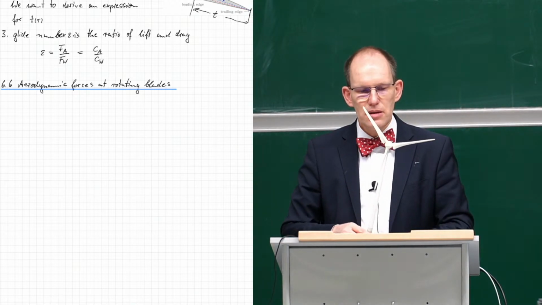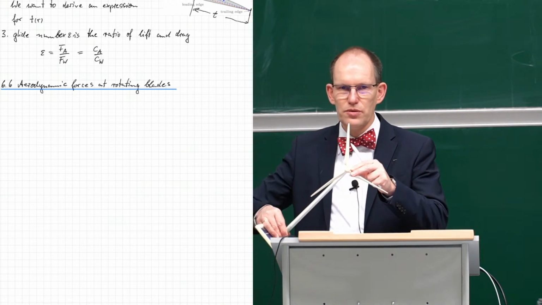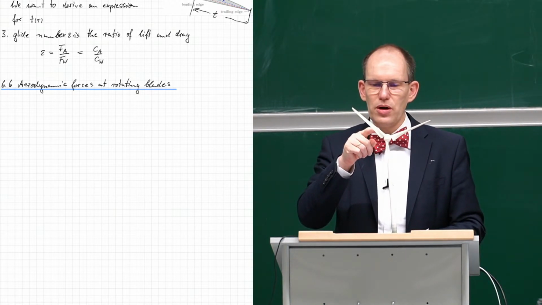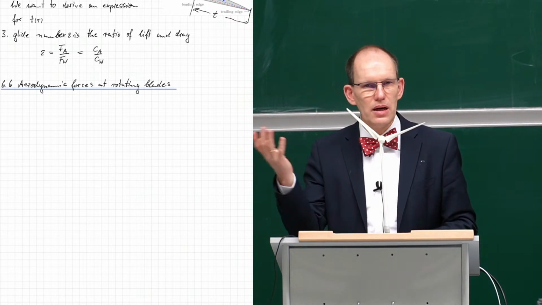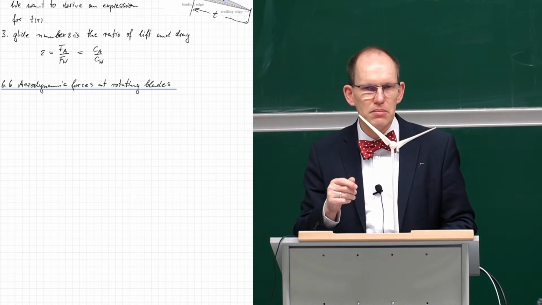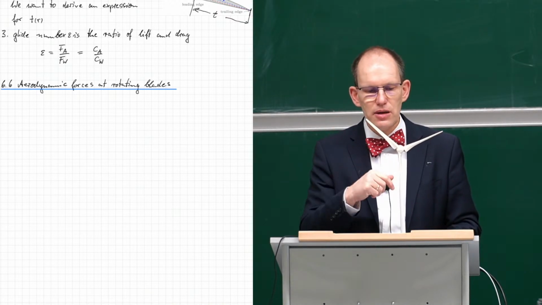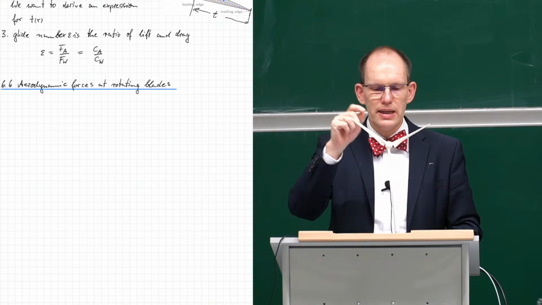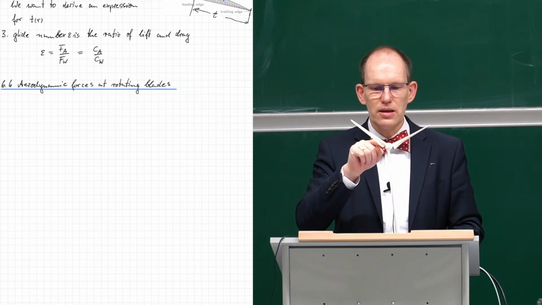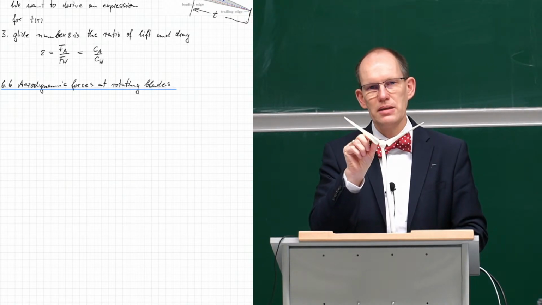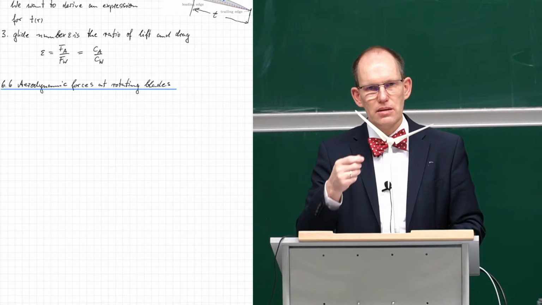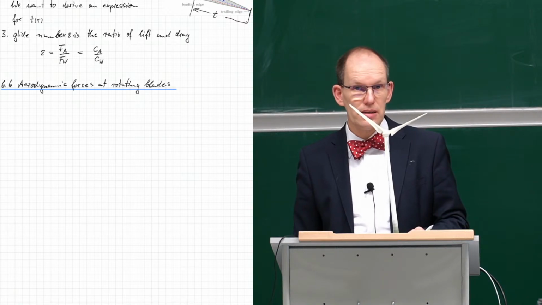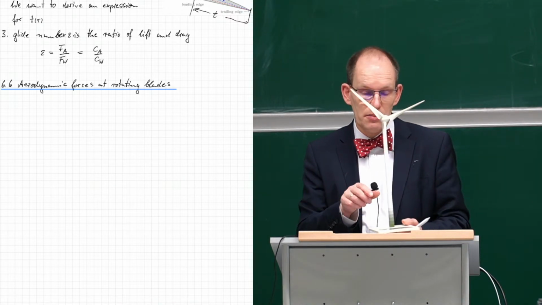An airplane foil would just move in a linear way through the air, and therefore for each point on the plate you have the same force element. Here the situation is different because the velocity of the tip of the blades is much higher than the velocity of a blade element, an infinitesimal piece of the blade, close to the rotor axis. And this is the essential thing that we have to solve.